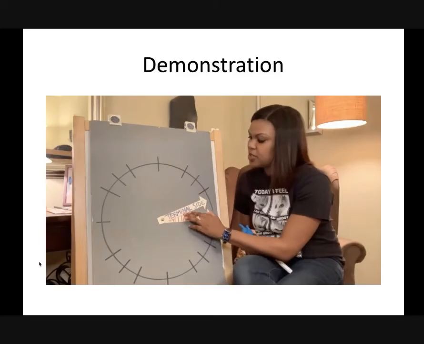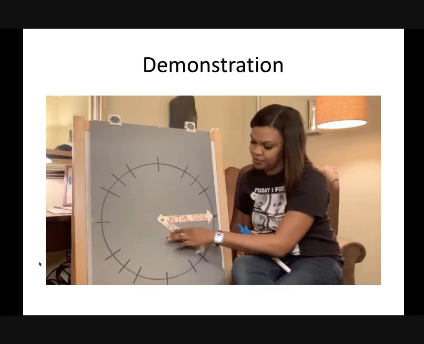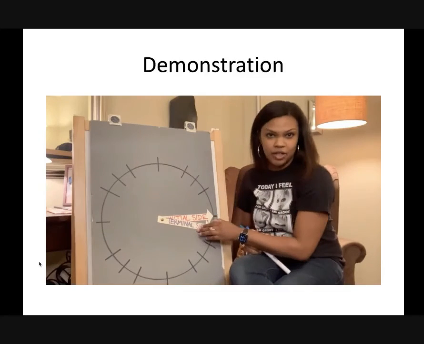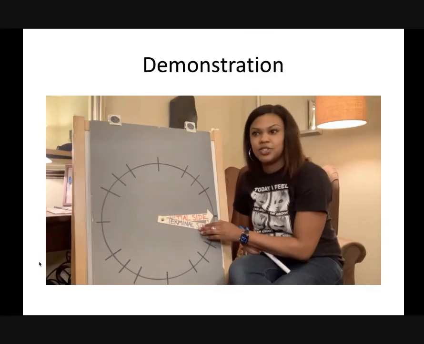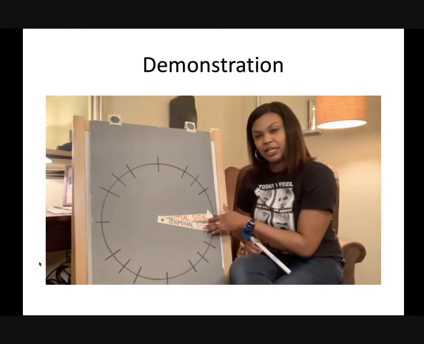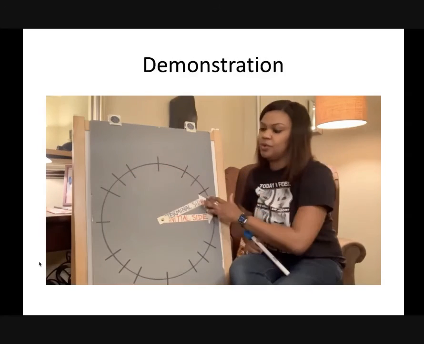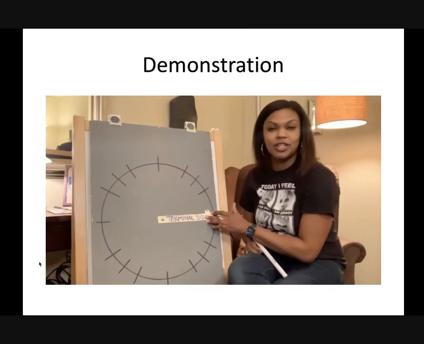Notice how the terminal side rotates in a counterclockwise manner. When it rotates in a counterclockwise manner, that is known as a positive angle. However, if it rotates in a clockwise manner, like so, your angle is now considered negative.